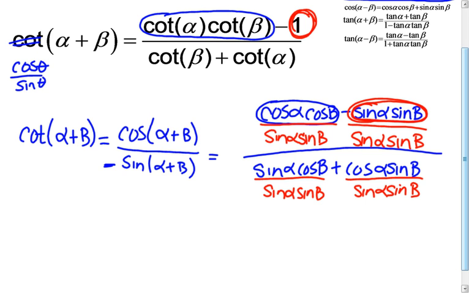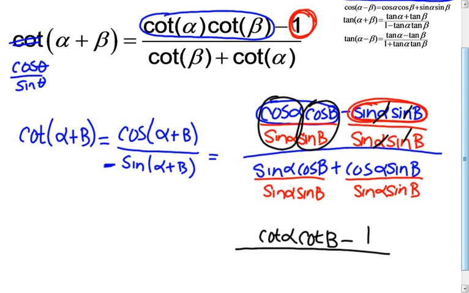So this is what happens then. Cosine alpha over sine alpha becomes cotangent alpha. Cosine beta over sine beta becomes cotangent beta. Minus, these all cross out to make 1. And then down here, the sines cross out, and right here you're going to get cotangent beta, because cosine over sine is cotangent.